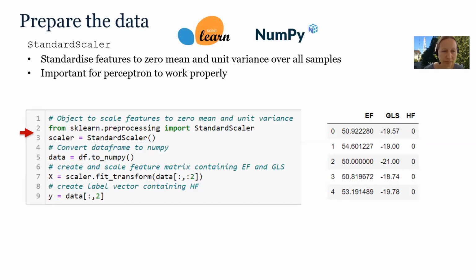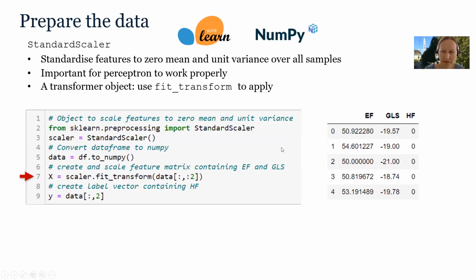To make sure that the perceptron works properly, we need to scale the features. And for that, we will use a scikit-learn object standard scaler. This object will standardize features to 0 mean and unit variance over all samples. This is actually a transformer object, so we can use fit transform to apply the feature transformation.